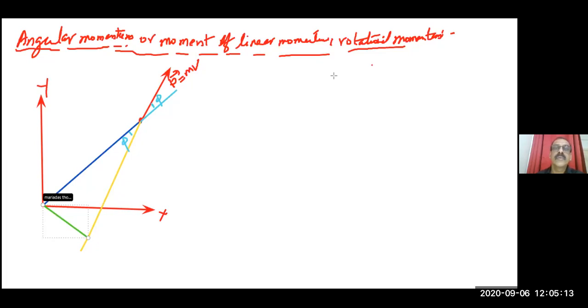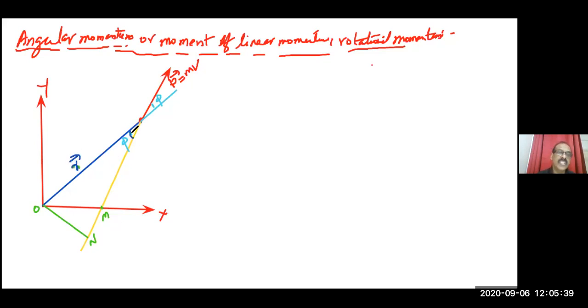Sir, should we draw? Yes. This is the perpendicular distance we have drawn. So this is ON. This is just like before, M. This is position vector R.